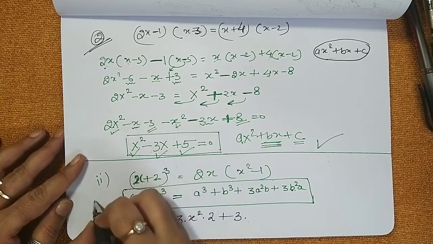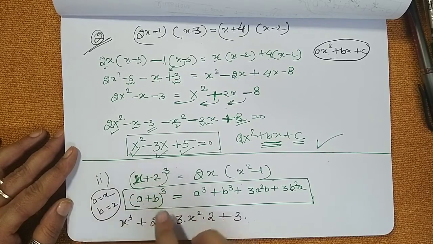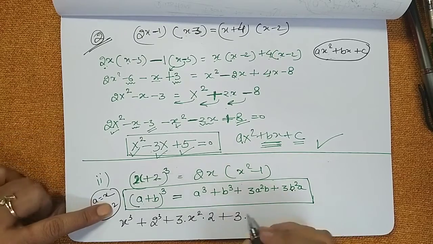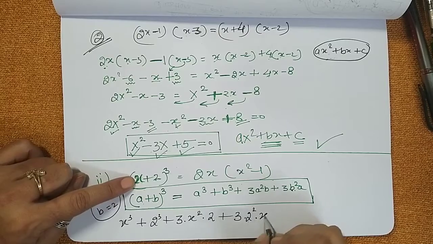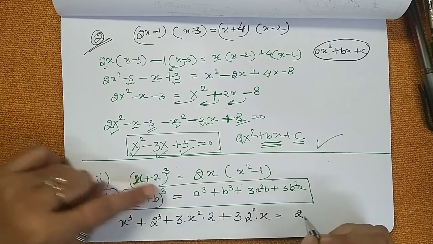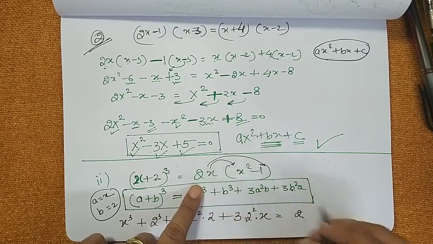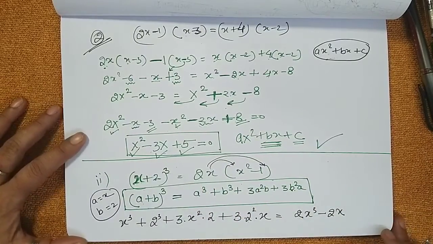If you compare, my a is x and my b is 2 here to apply this formula, right? So I'm writing 3b square a, so 3 times 2 square times x, is equal to twice of this. I can directly multiply this with this and this with this. So it will be 2x cube minus 2x.